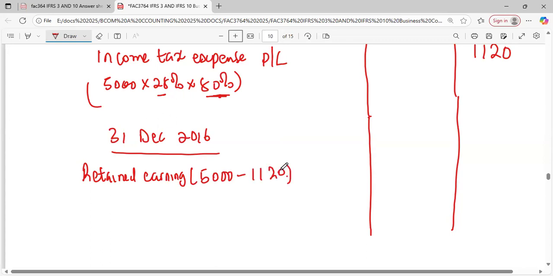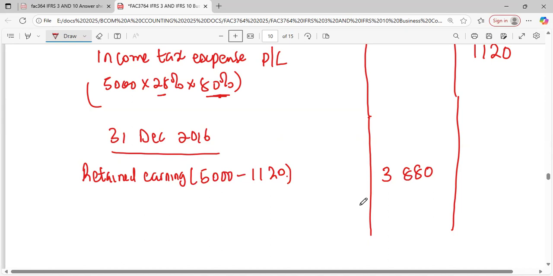How much are we going to have there? It's 5,000 minus 1,120, 3,880. So which means we're going to reduce our retained earning by 3,880 here.